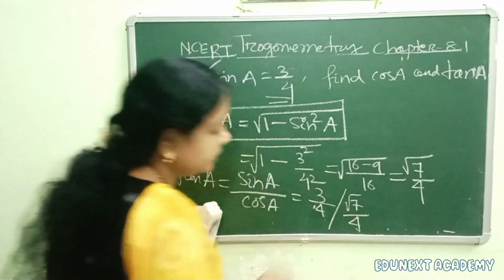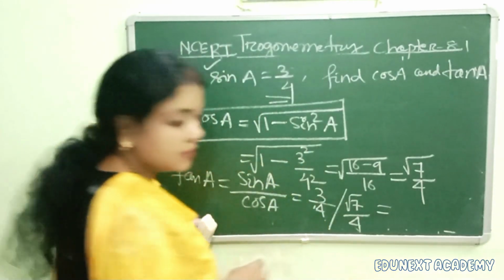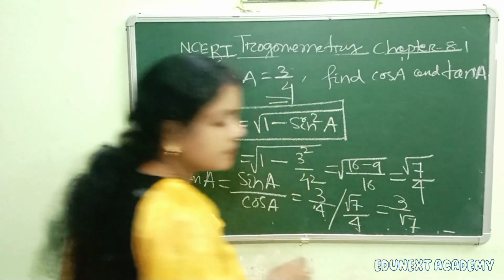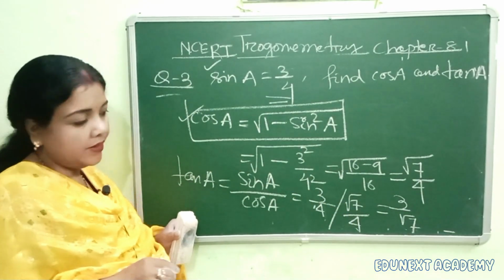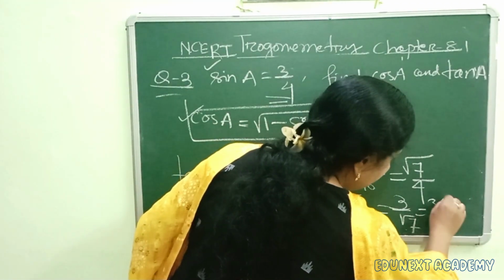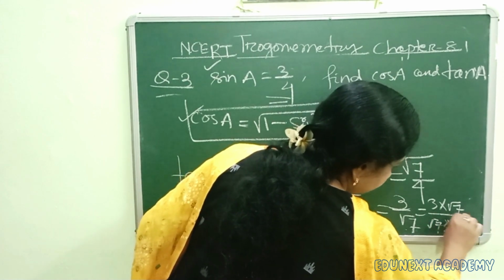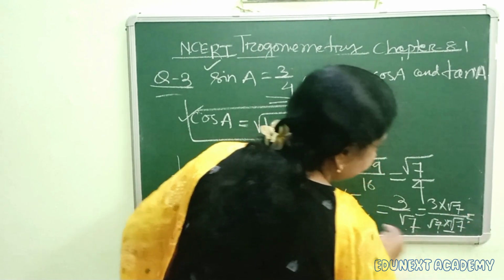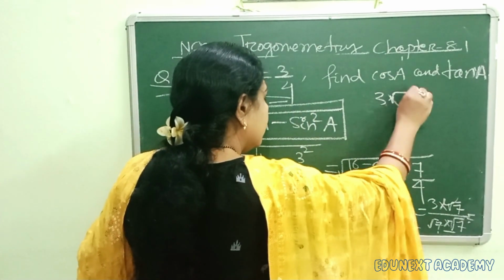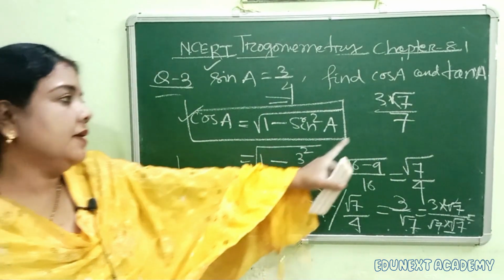The 4s cancel out, and I get 3 by root 7. If I want to remove this root 7 from the denominator, I can multiply by root 7 on top and bottom. So the answer is 3 root 7 by 7. This is tan A.